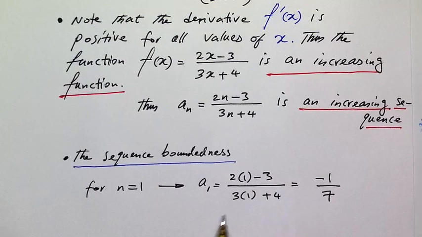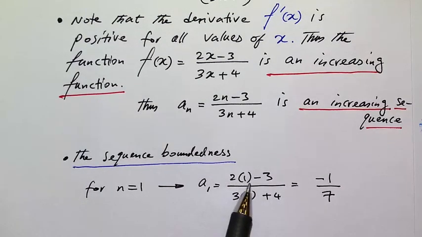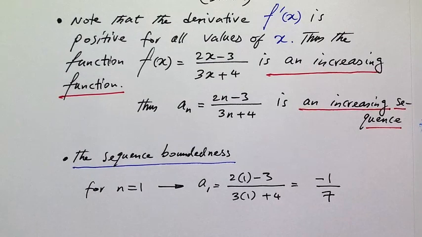And then if we replace this with 2, we will get 1 over 2. So we'll get something positive, 2 over 10. And so that would be a larger number. So this would be the lower bound. And in this case, this will be the only negative number in this sequence.